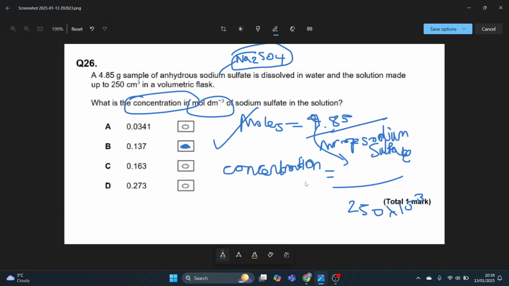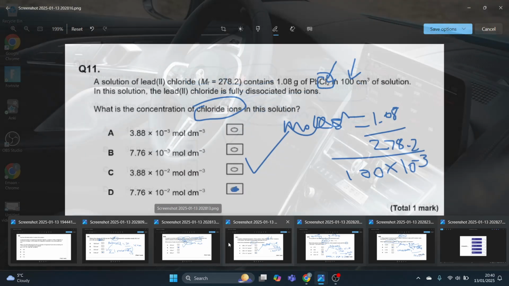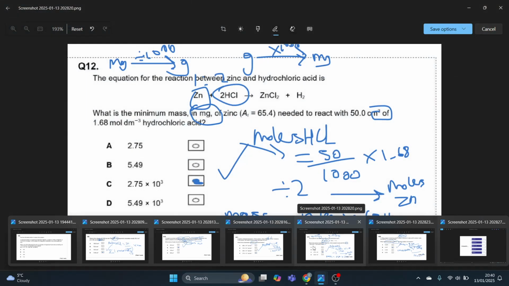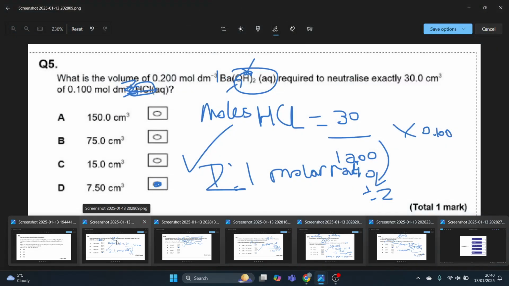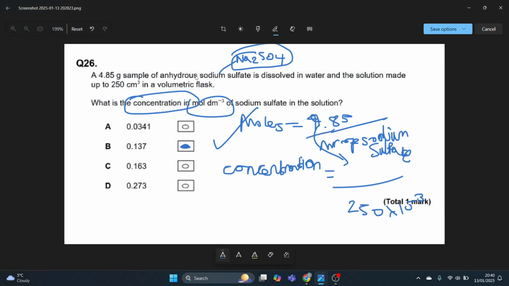But what I can tell you about all these, they all have a quick trick in it, and a lot of these multiple choice questions do. Like in this case, you need to divide your moles by 2, 2 to 1 molar ratio, etc. And in this case, you have to work out the formula of sodium sulfate, because if you didn't know the formula of sodium sulfate, you couldn't have got the MR. However, this is how you do it: sodium Na plus, sulfate ion, you should know, SO4 2 minus, Na2SO4.